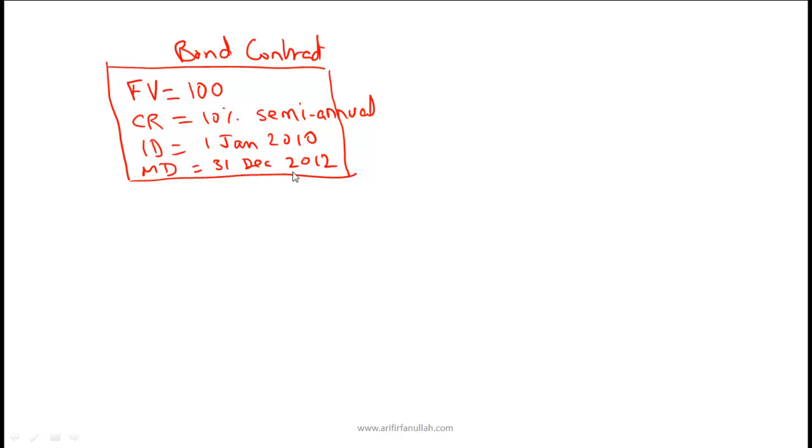So this is a 3-year bond, face value 100, coupon rate 10%. There will be several other terms and conditions on the bond, and this is overall referred to as the bond indenture.